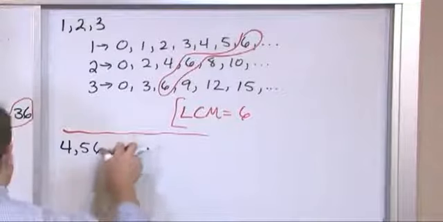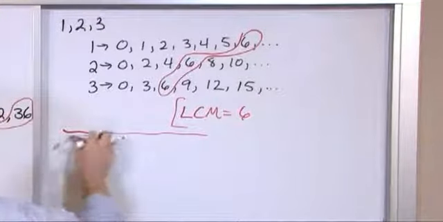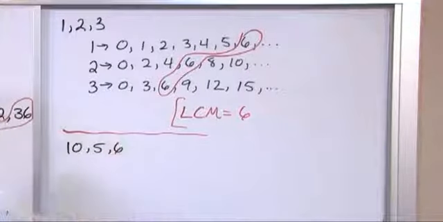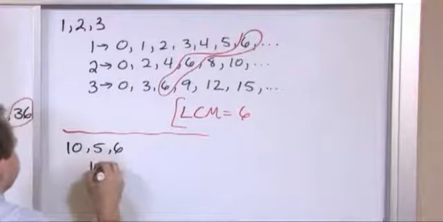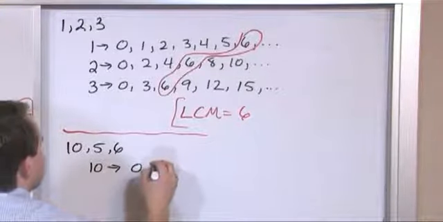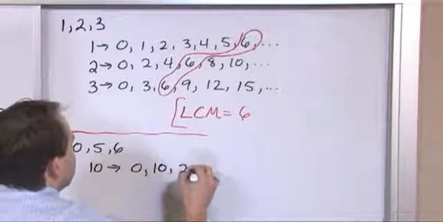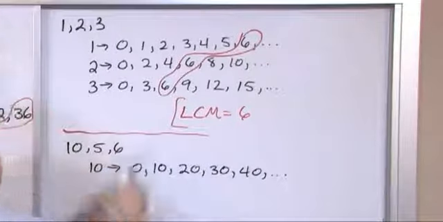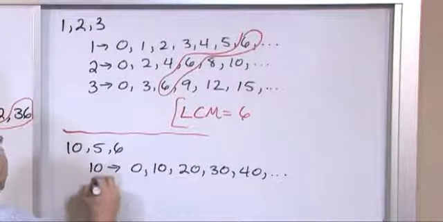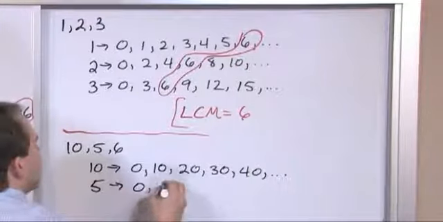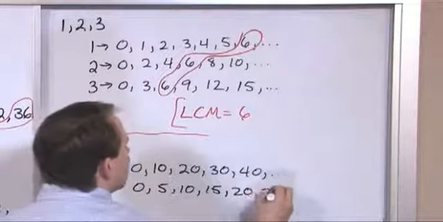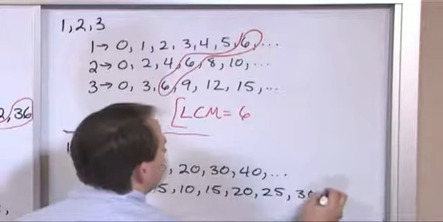What about 4, 5, and 6? Actually, I want to do 10, 5, and 6. All right, so for 10, we have 0, 10, 20, 30, 40, and so on. Those are the multiples. For 5, we count by 5s: 0, 5, 10, 15, 20, 25, 30, 35, and so on.